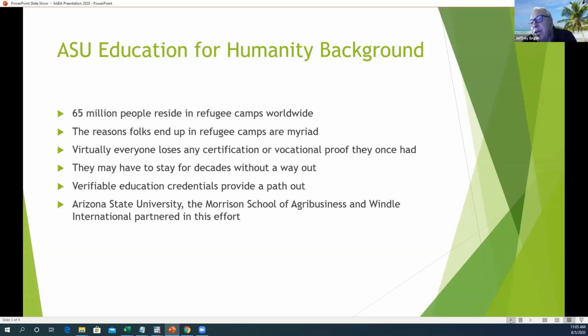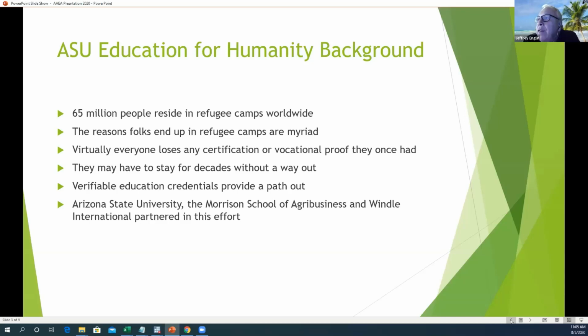If you're in Syria and they start bombing your town, it doesn't matter if you're a doctor or a ditch digger. You're running for your life and you end up in a camp. Virtually everybody in this situation loses any certifications or vocational proof that they once had. You just become an anonymous person.